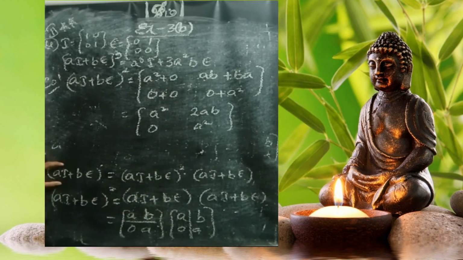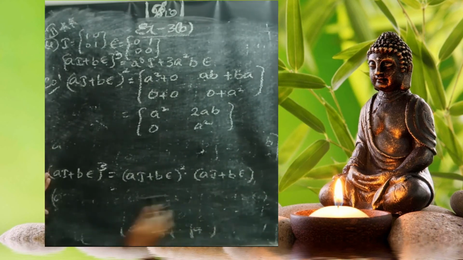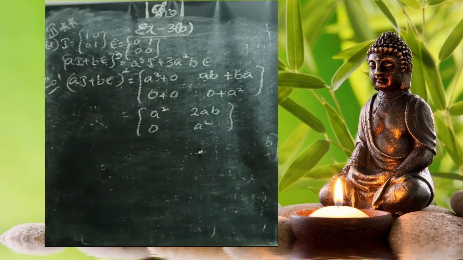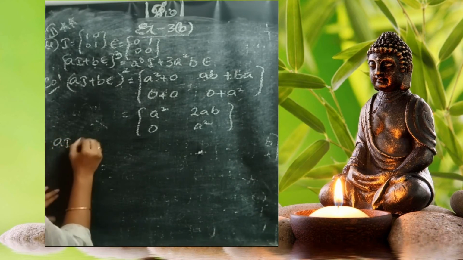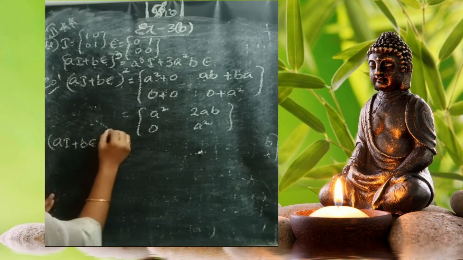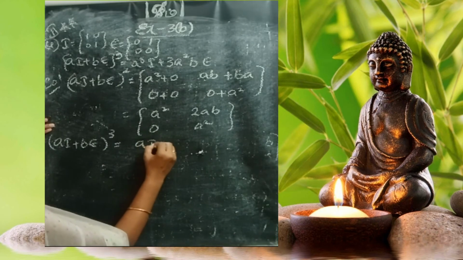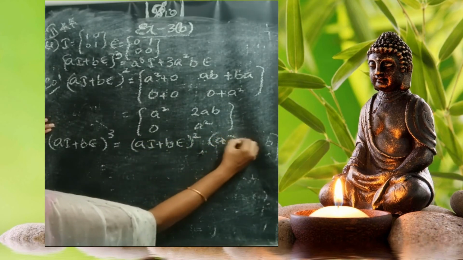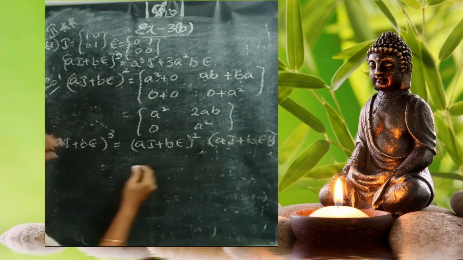Now we have to find the cube value. For this, I write here: (AI + BE) whole cube means (AI + BE) whole square into (AI + BE).